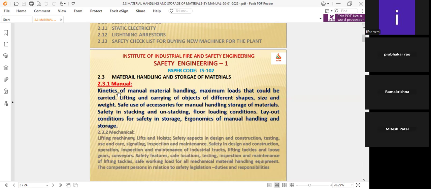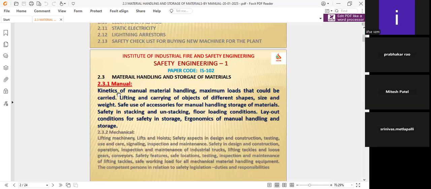Manual handling means safe usage of accessories of manual handling, storage of materials, safety in stacking and unstacking, floor loading conditions, layout conditions for safety in storage, ergonomics of the manual handling and storage. Ergonomics we will take after completion of the mechanical tomorrow.